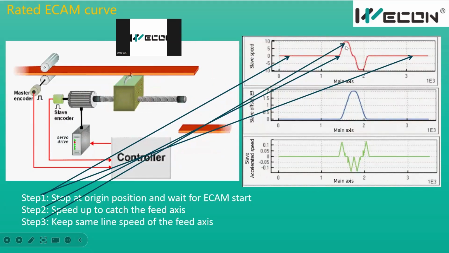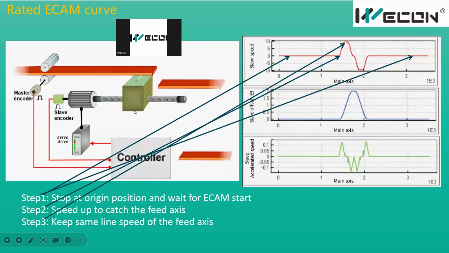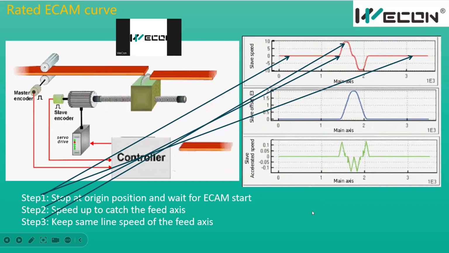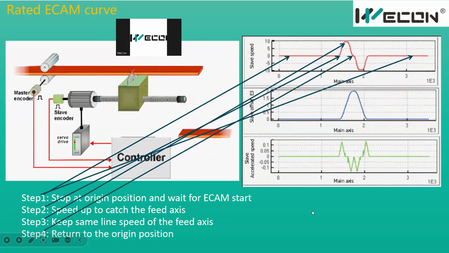When the cutter reaches the sync area, it will keep the same speed with the feeding axis and do the cutting action. After cutting, the cutter will stop and return to the zero position, then wait for the next start signal. So these are the steps of the flying cutting.